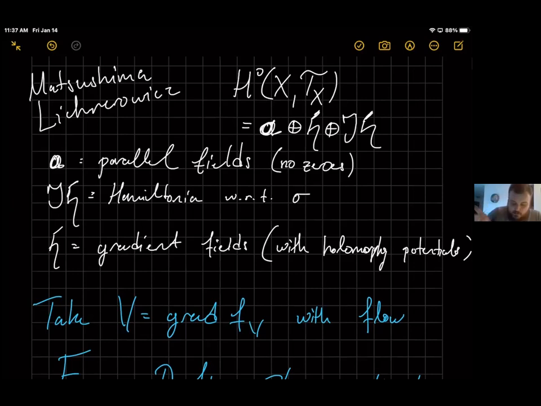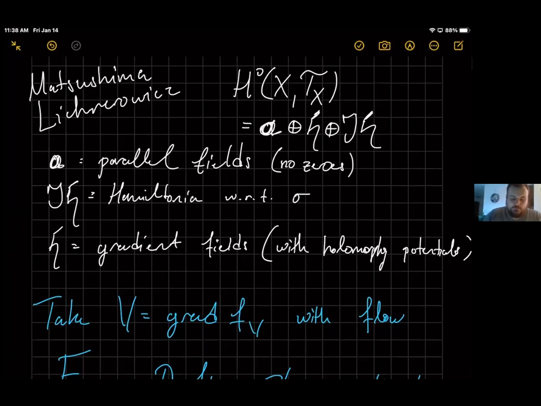A really interesting characterization, which I think is also due to LeBrun and Simanca, is that a holomorphic vector field is a gradient vector field if and only if it has a zero, which is quite interesting because whether or not a vector field has a zero has nothing to do with a metric.